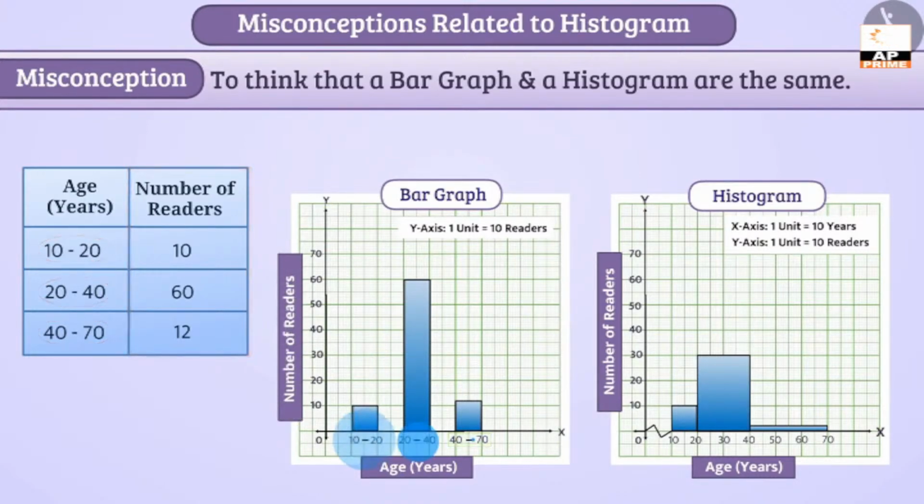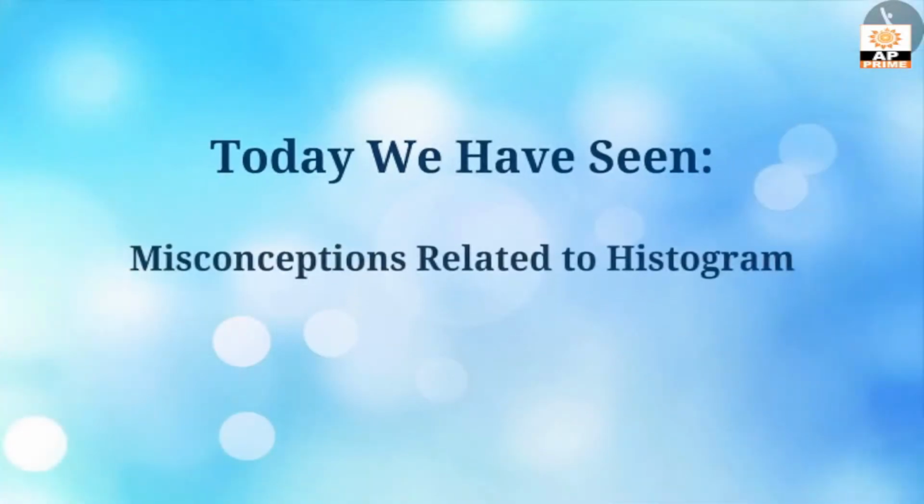Readers of different age groups can be compared. Like here, most readers are between 20 to 40 years of age. If we look at the histogram, we find the distribution of the number of readers in the age of 10 to 40. Today we have seen the misconception related to histogram.